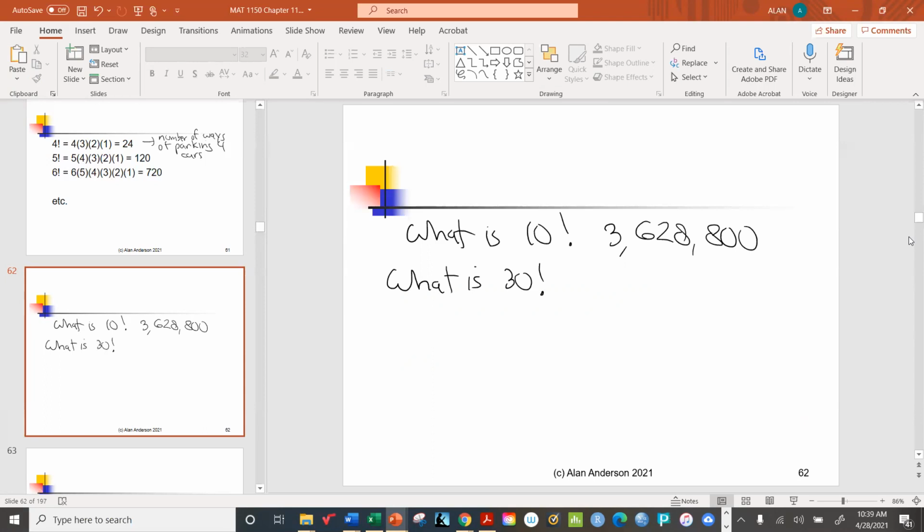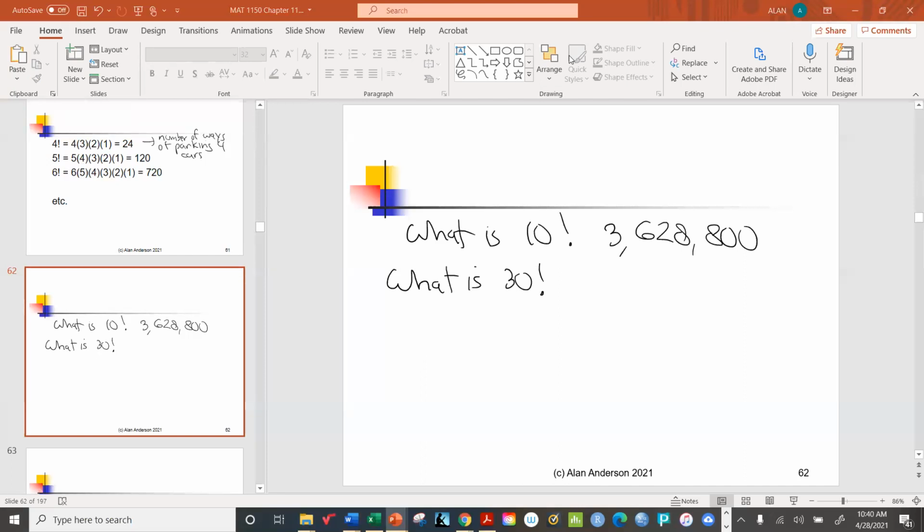Now, this next one, the way it shows up on your calculator will depend on your particular calculator. You'll see what I mean when you try to enter 30 factorial. All right, what do we have here? Yes. Now, here's the thing, though.